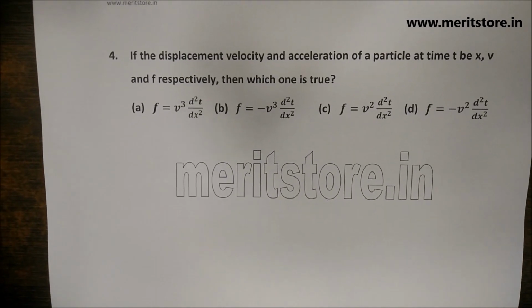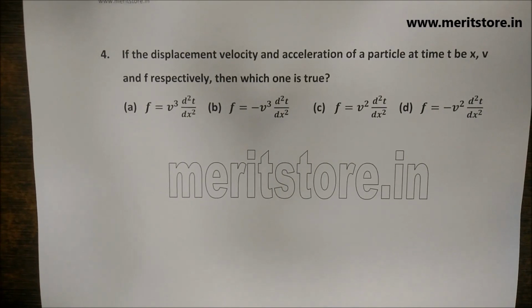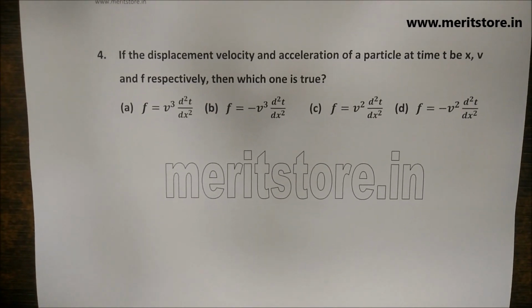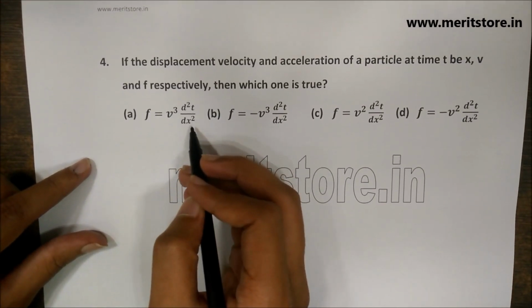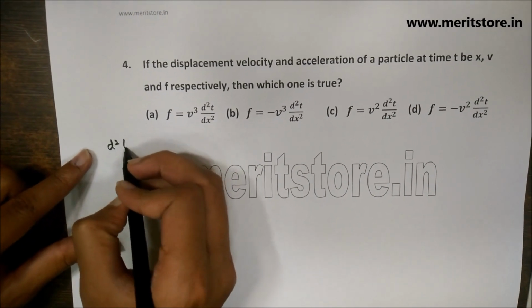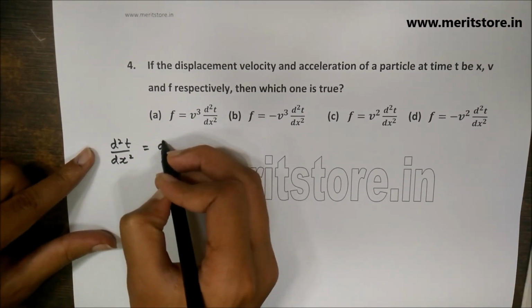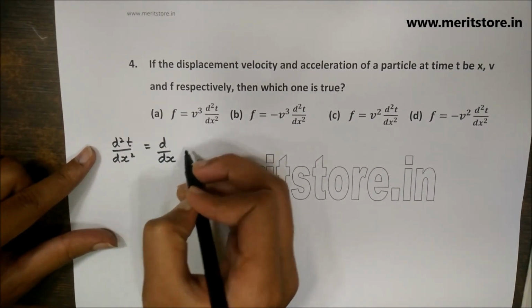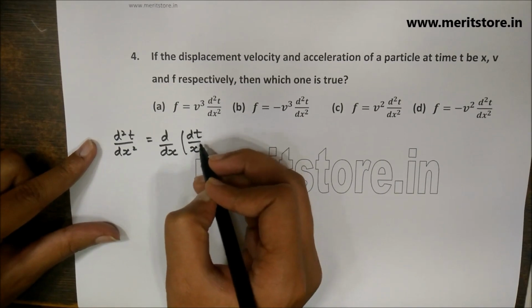If the displacement, velocity and acceleration of the particle at time t be x, v and f respectively, which one of the following is true? d square t upon dx square is common in all the equations, so let's consider that d square t upon dx square, which is equal to, let's split this term, d by dx of dt upon dx.